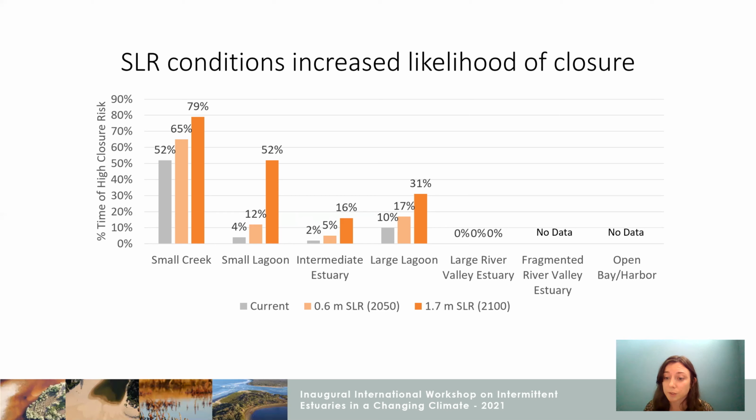So we also considered estuaries that have been modified or jettied or continually go through management like dredging to keep mouths open. Those were also considered for each of these estuaries. So you can see though that overall, from the simplified approach, we're expecting an increased likelihood of closure for some of these systems under future sea level rise conditions.